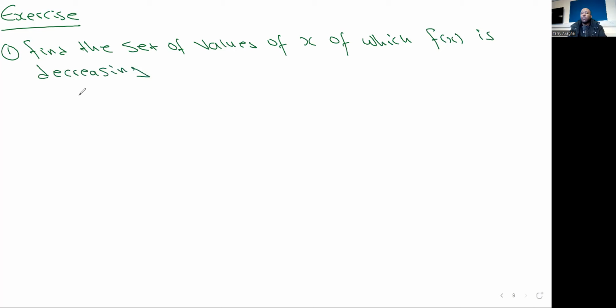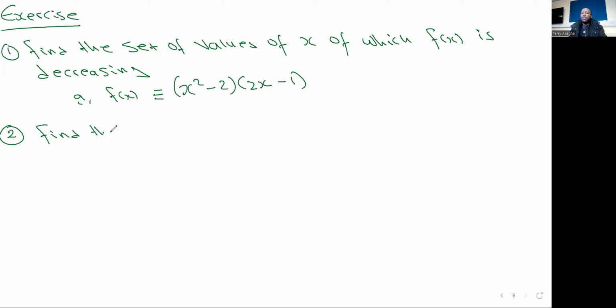Okay, so let's assume you have this one. So we have x squared minus 2 and 2x minus 1. And you are told to find the values for which this is decreasing. Number 2, let us do the same thing, but now for increasing.